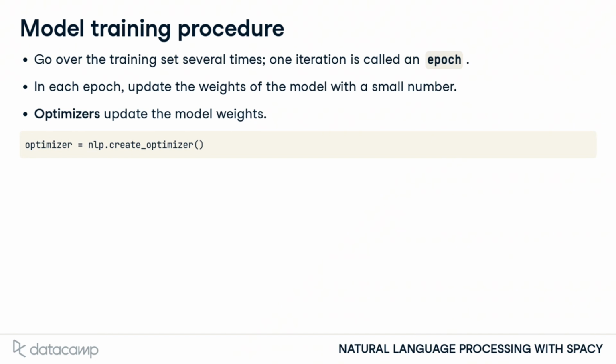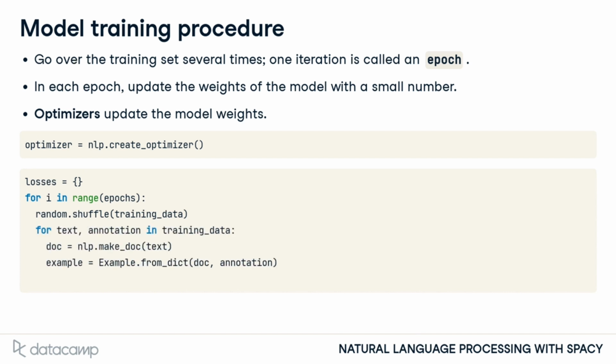In each epoch, we first shuffle training data, an example object, by using the random.shuffle method. Next, for each training data point, which is a tuple of a text and annotations, we extract the equivalent dictionary object from the example object given the doc container of a text and training data annotation using the Example.from_dict method.